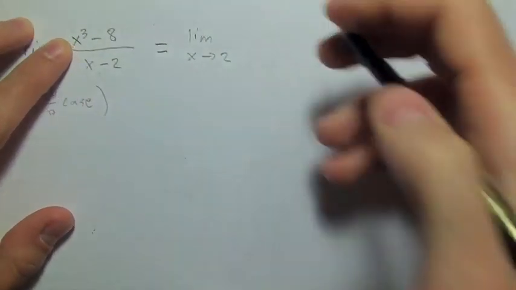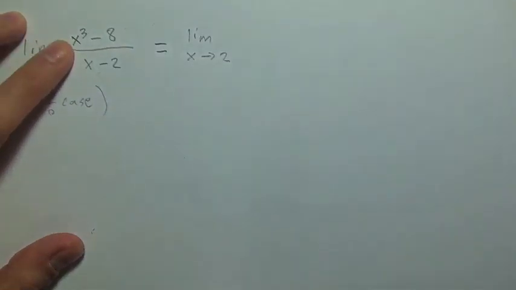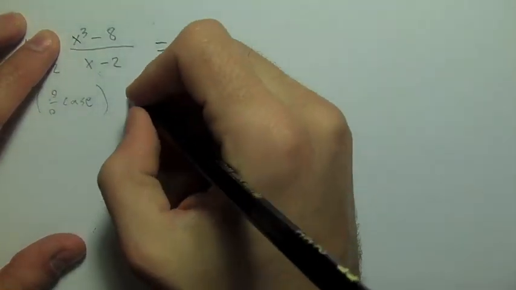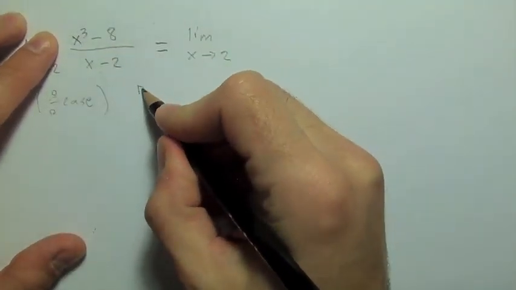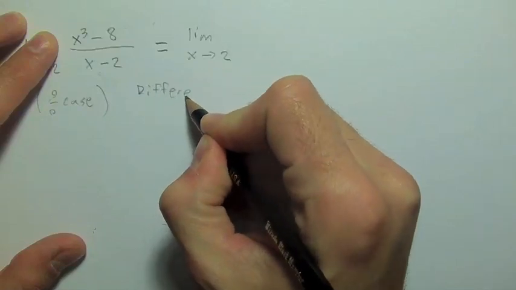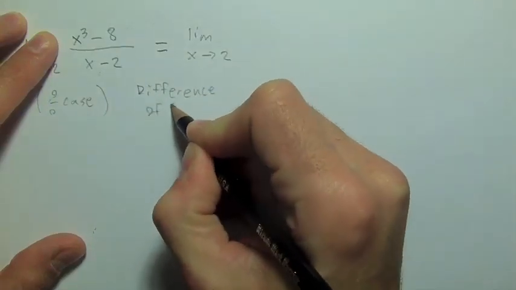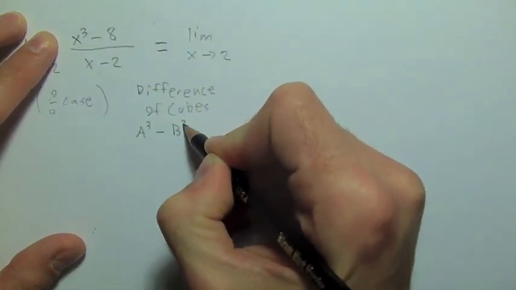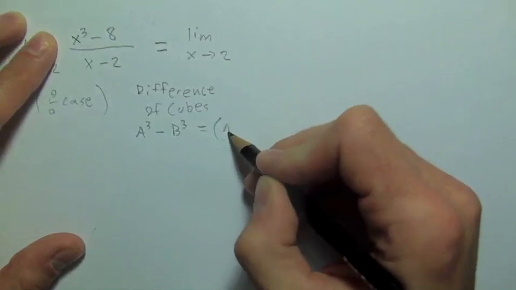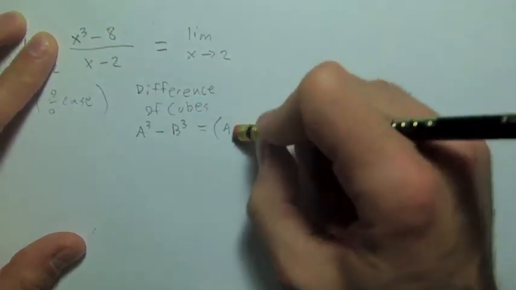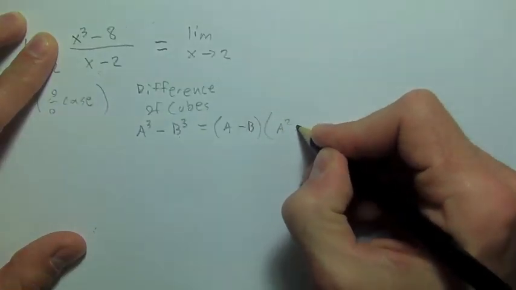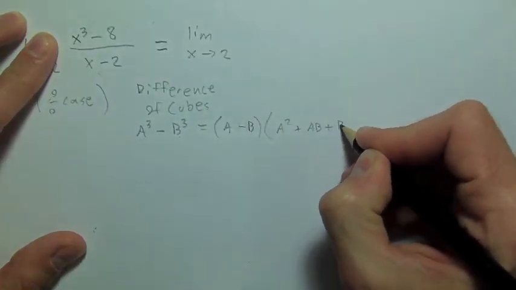I write my limit sign again. And I can actually factor the top, and a lot of people don't remember this particular rule. This is the difference of cubes. We have a factoring method for that: a cubed minus b cubed factors into a minus b times a squared plus ab plus b squared.